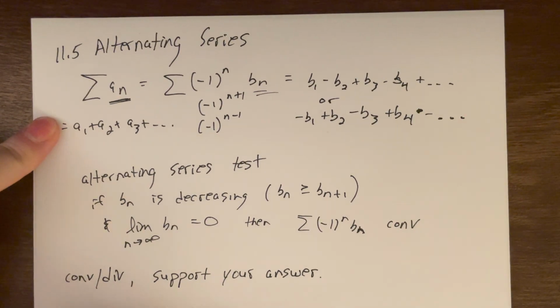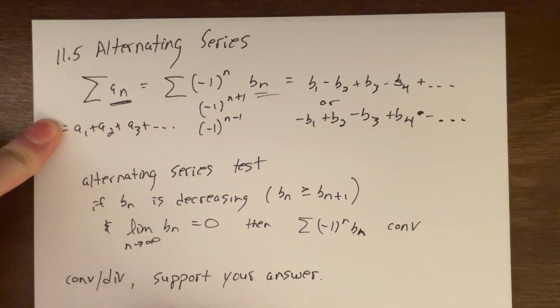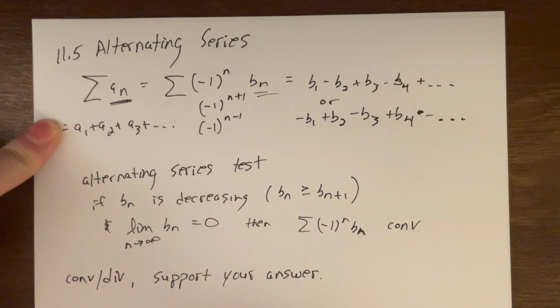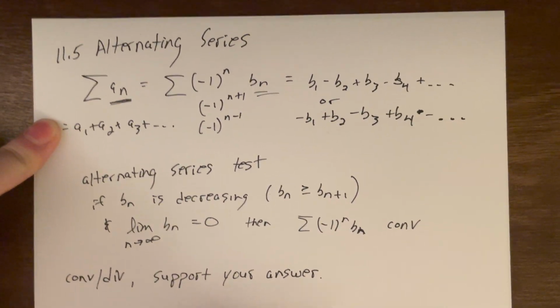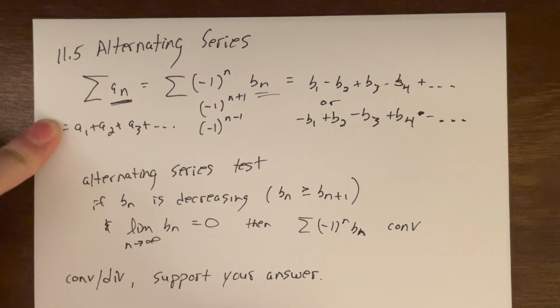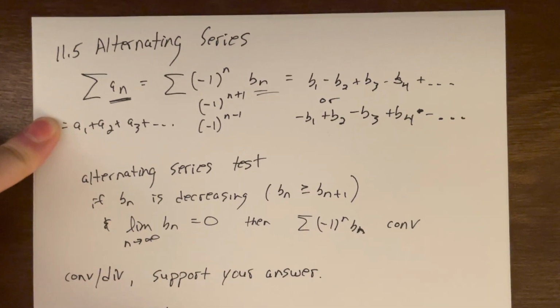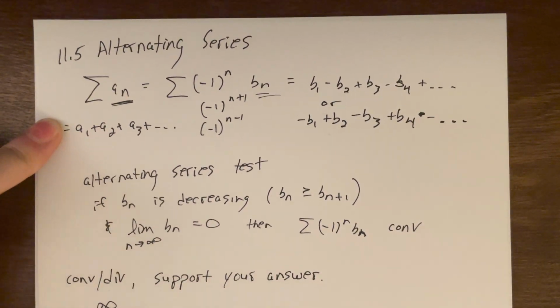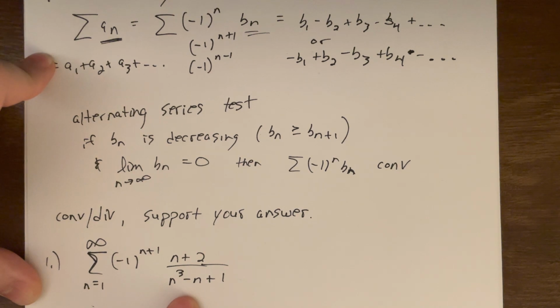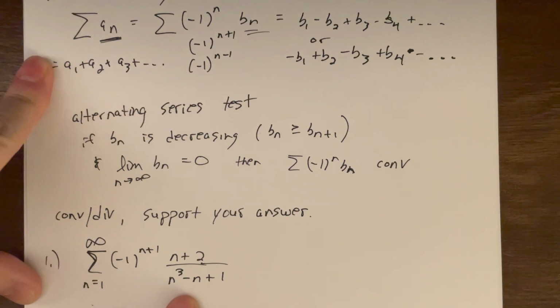So let's jump right in. Number one, let's look at -1 to the n plus 1 times n plus 2 over n cubed minus n plus 1. Looking at that series, it is screaming out alternating.